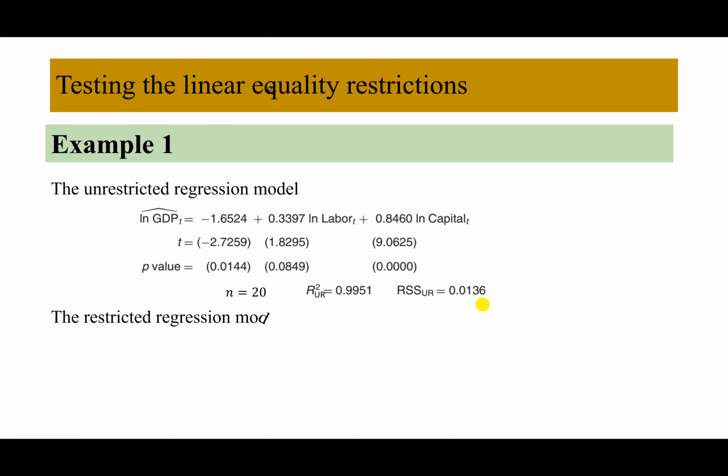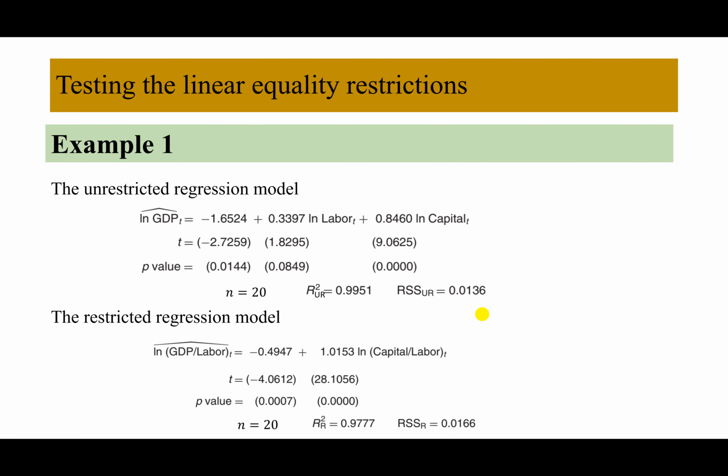The restricted regression model is given by the following result. Log GDP divided by labor, or GDP labor ratio, equal to minus 0.4947 plus 1.0153 in capital labor ratio.